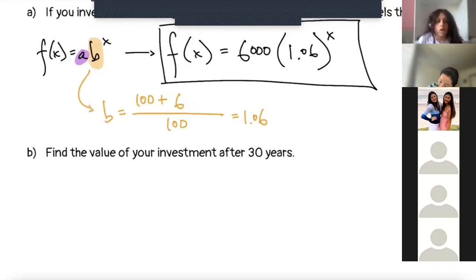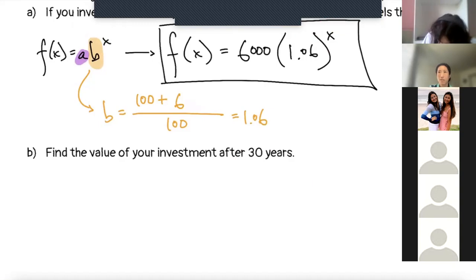So we're going to take 30. And we're going to put that into our equation everywhere we see an x. So what that might look like, right? We have the 30, we're going to plug that in everywhere we see the x value. And what that might look like is f of 30.